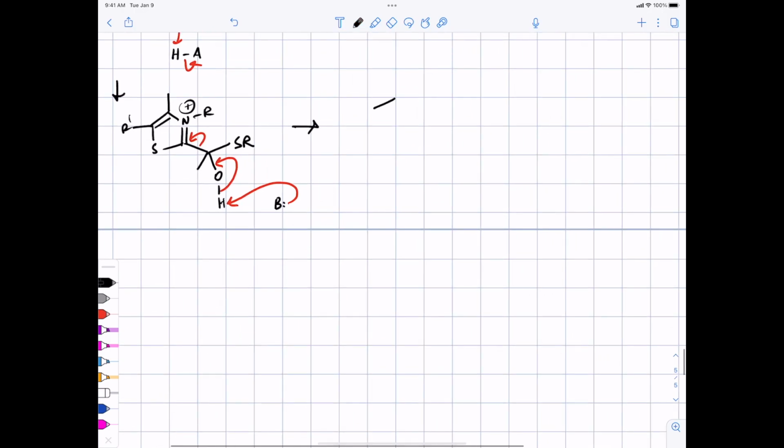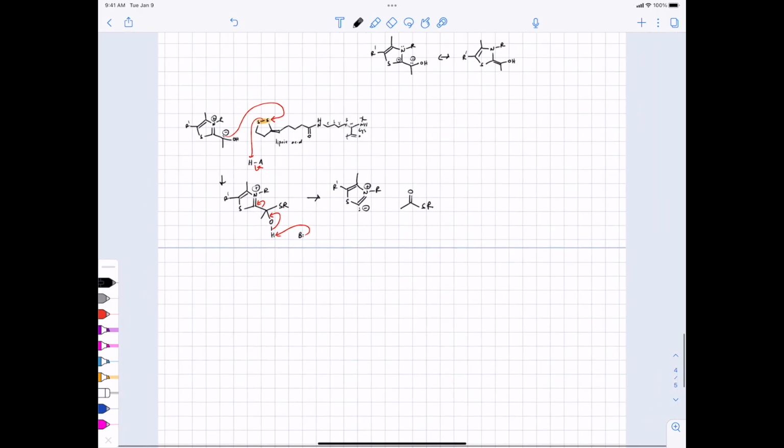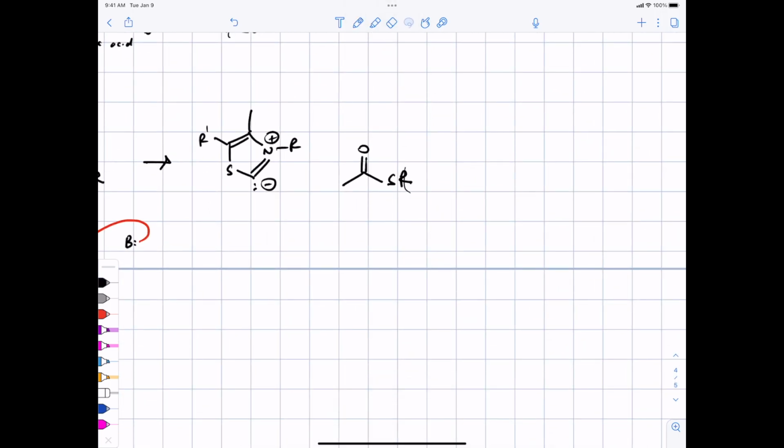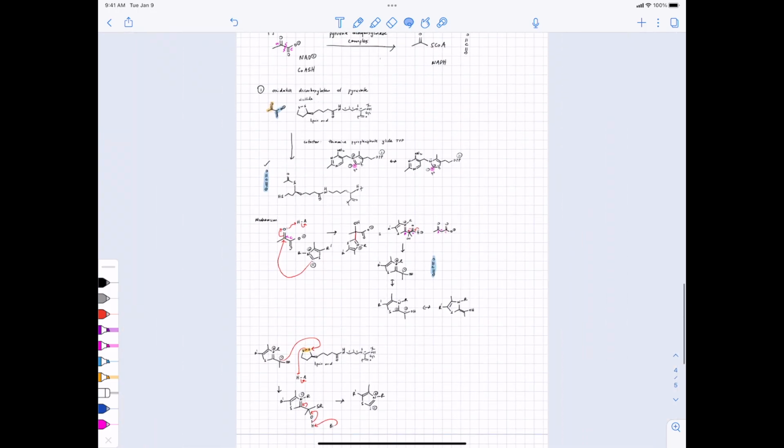That regenerates the thiamine ylide cofactor that we started with, and gives us our thioester, which, if you want, we can draw, but I already did above, so we'll just copy and paste.